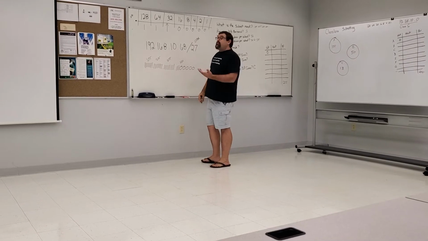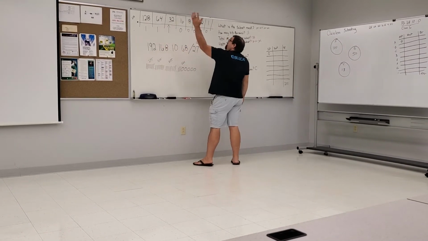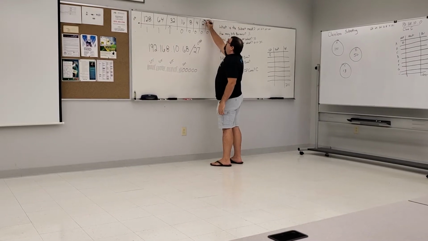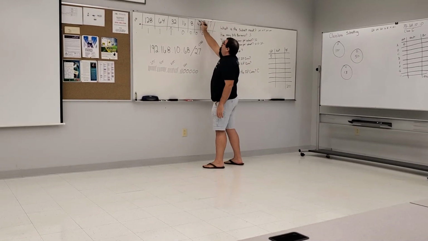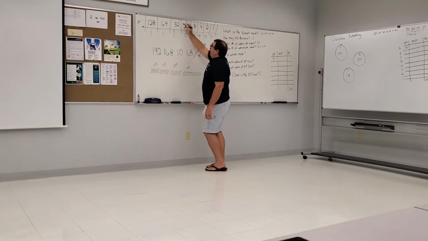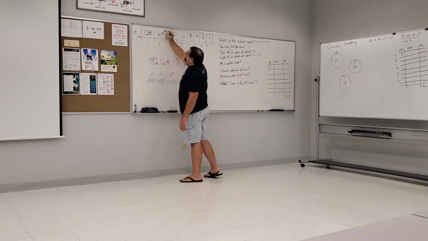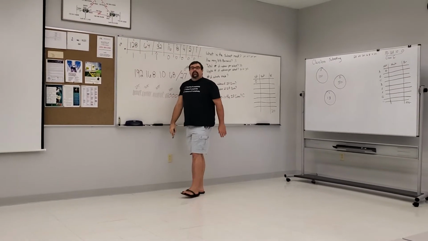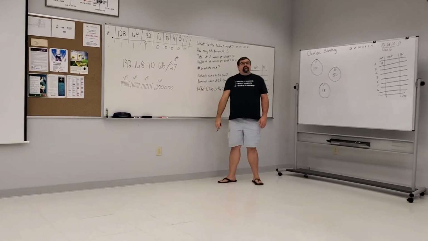So what we can do is we can actually flip them. And we can say 256, 128, 64, 32, 16, 8, 4, 2, 1. So we just flip the numbers.